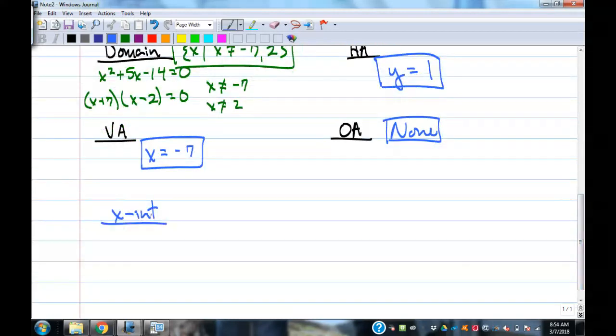We got x-intercepts and we got y-intercepts. Okay. I'm going with the simplified version. X-intercepts. What'd y'all say to do to find the x-intercepts? So y equals 0, right? So that means set the problem equal to 0. So we got x plus 2 over x plus 7, and we've set it equal to 0.